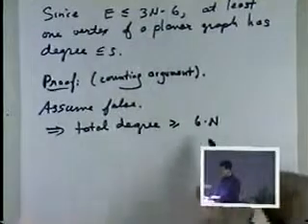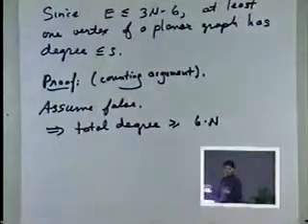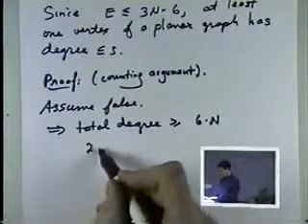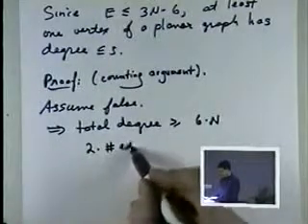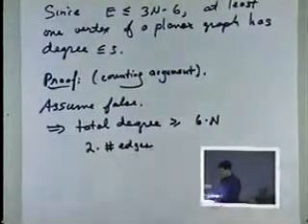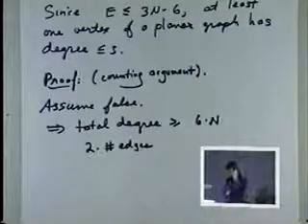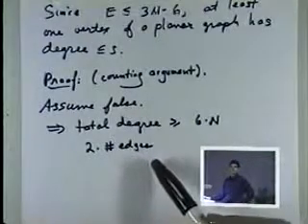Okay, so the total degree is greater than 6 times the number of nodes. And the total degree is 2 times the number of edges.